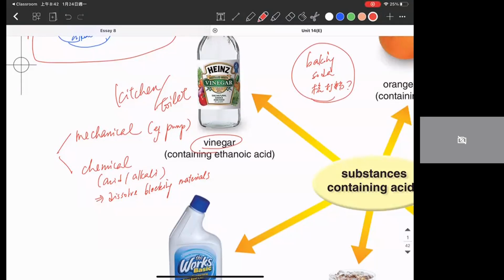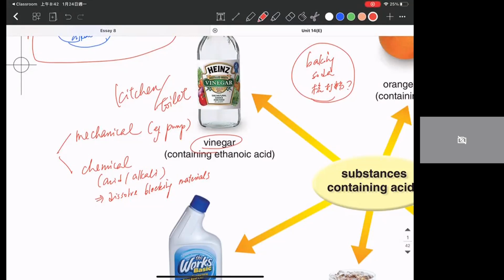What is the problem? Once they react, they will give out chlorine, and chlorine is toxic.